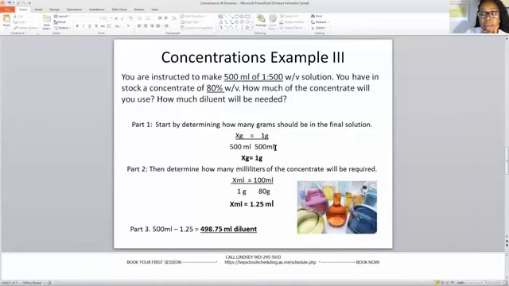And if I have my mLs at the bottom over here, I need to have them over here as well. I did 500 times 1 divided by 500, got X grams equals 1 gram. Let me just double check that. Where's my calculator? I want to make sure that I did that right.